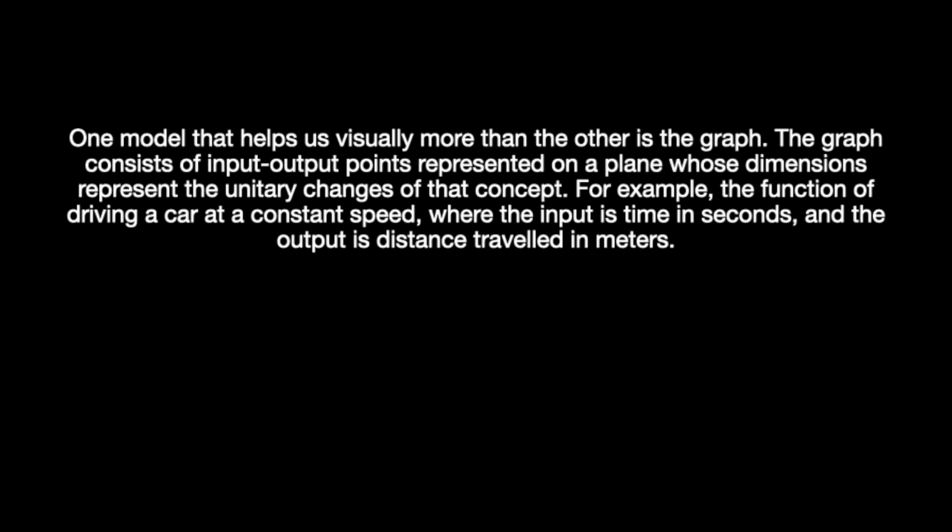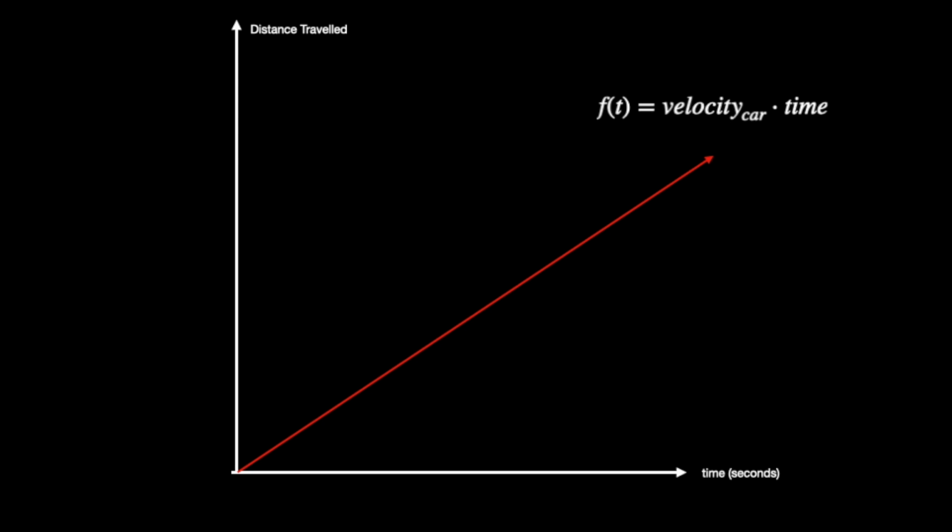For example, the function of driving a car at a constant speed, where the input is time in seconds, and the output is distance traveled in meters. If the velocity was not constant, we would instantly see that on the graph.